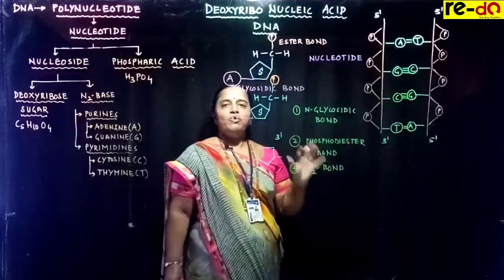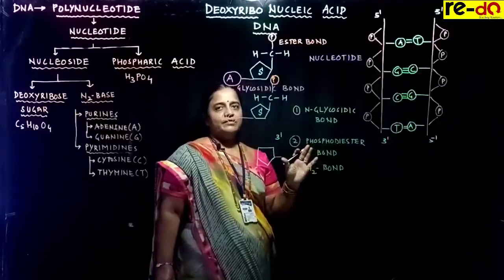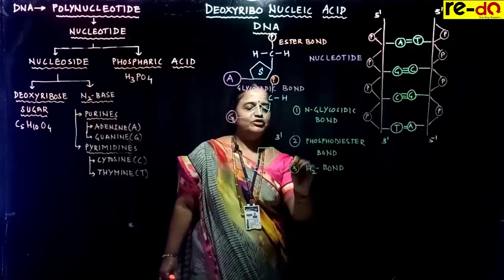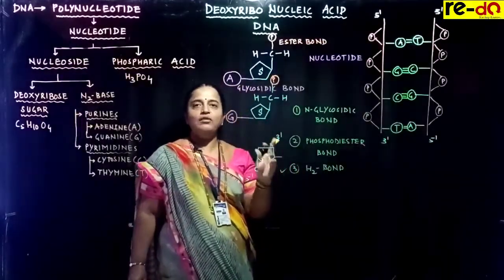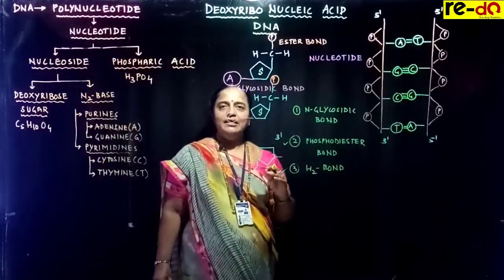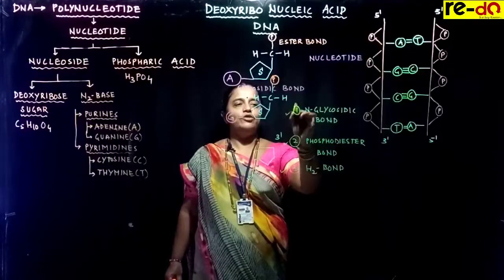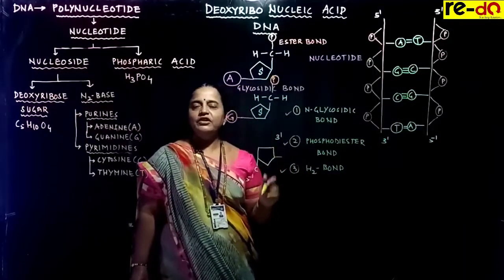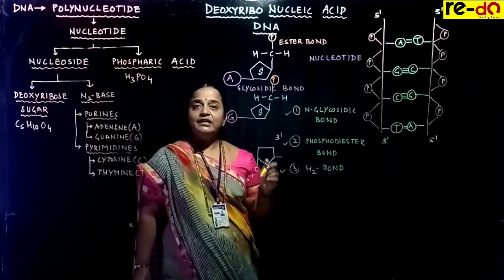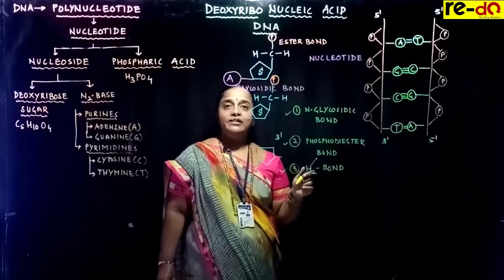The weakest bond in DNA, this is neat point. The weak bonds in this DNA are hydrogen bonds. The strong bonds are ester bonds. Slightly less strong are glycosidic bonds. So when this DNA molecule is exposed to high temperature, denaturation results.